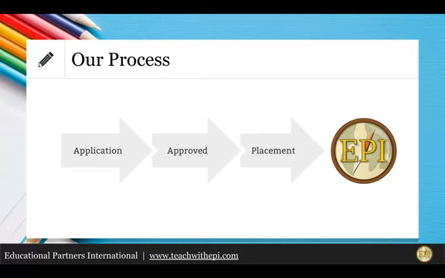The application process includes filling out a thorough online form, uploading official documents, and 2 interviews with EPI team members. After you've completed the application process, you are moved to the approved stage where you will interview with one of our partnered schools. Once you've completed a successful school interview, you are placed in the school and become an official EPI program member.